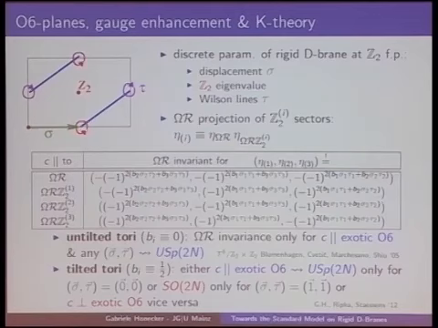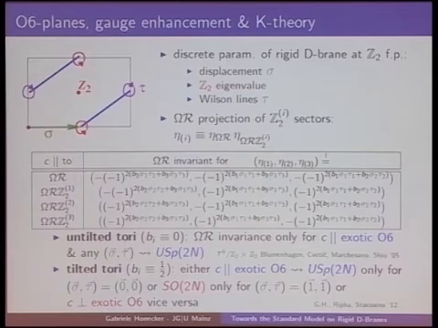That's one discrete parameter. And then I have a so-called Z2 eigenvalue, which you can view as in which way I'm going around the exceptional cycle at the fixed point. And then the last thing I have is that since I'm passing through 2 different Z2 fixed points, I can go the same way or the opposite way around the 2 different fixed points. So if it's the opposite way around, I've switched on a discrete Wilson line.